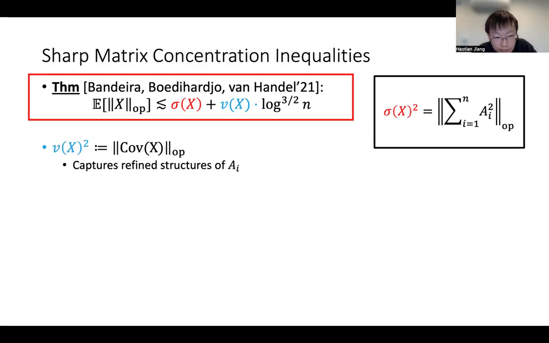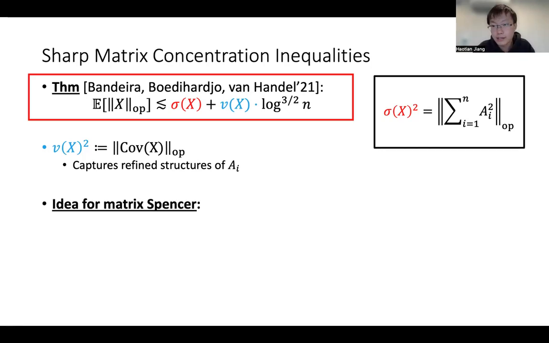This is the operator norm of the covariance matrix of X, where you view the random matrix as an n squared dimensional random vector and look at the covariance matrix of that random vector. Roughly, this captures more refined structure of the A_i, which I'm not going to dive into in this talk. But the point here is that now the poly-logarithmic factor moves from sigma(X), which is root n for matrix Spencer, to this additional parameter v(X).